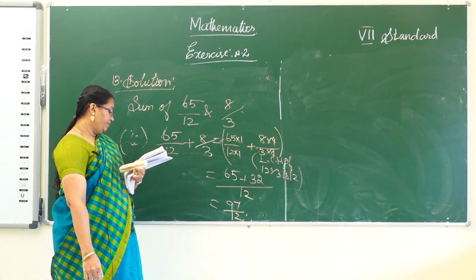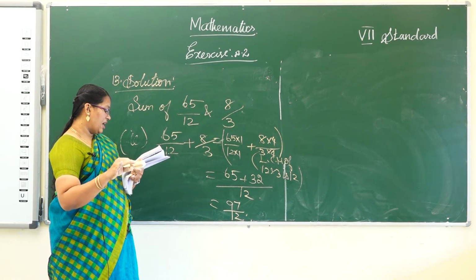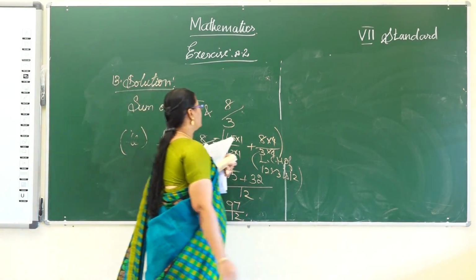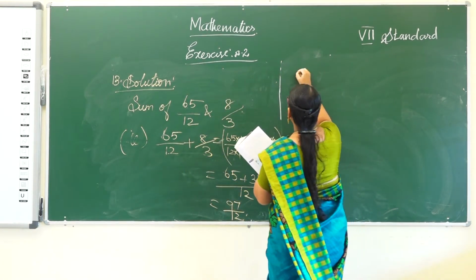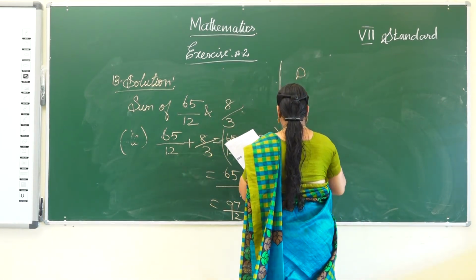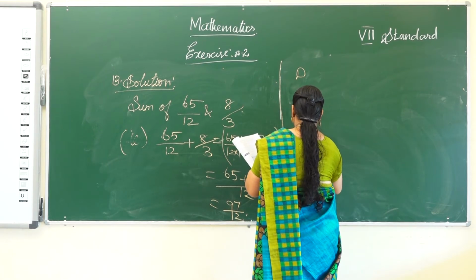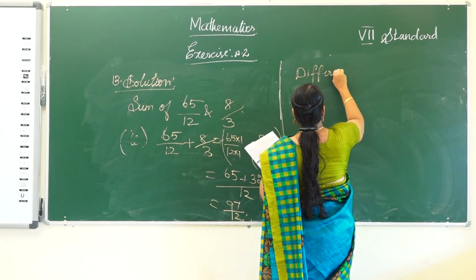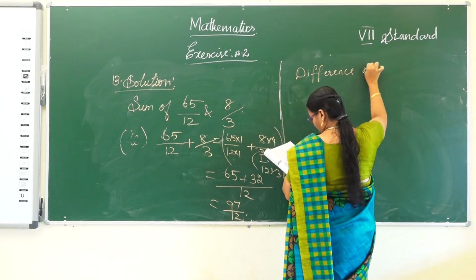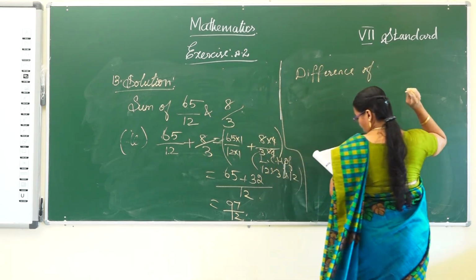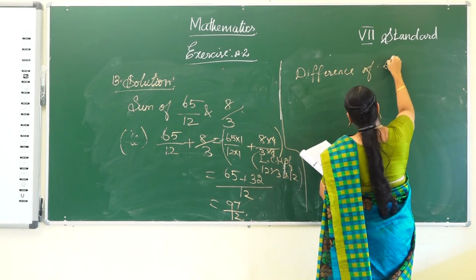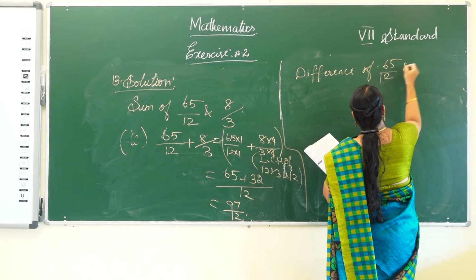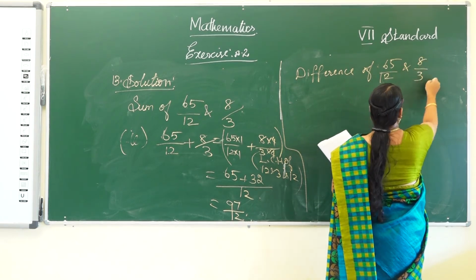And then divide the sum of these values by their difference. So next find the difference of these two values. Difference of 65 by 12 and 8 by 3.